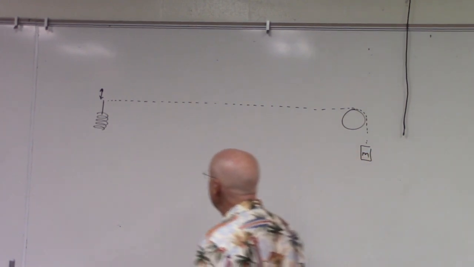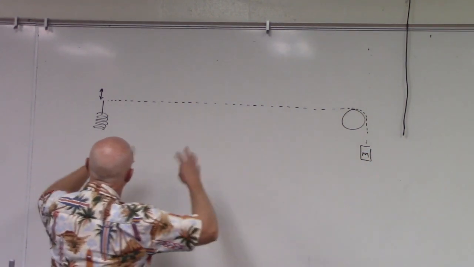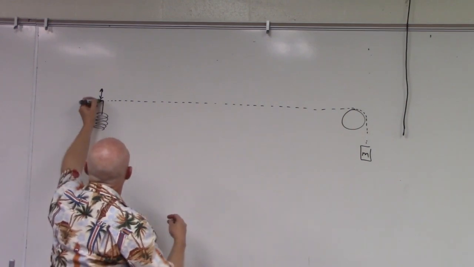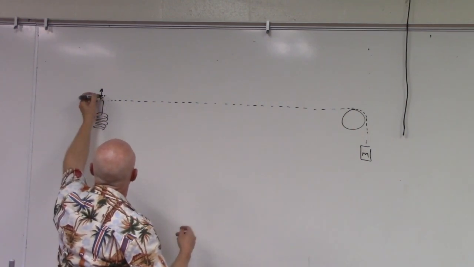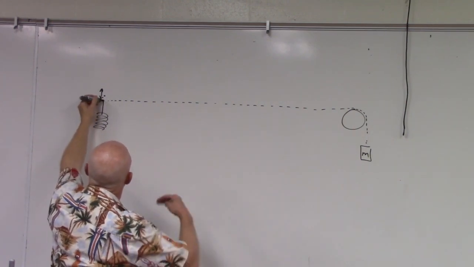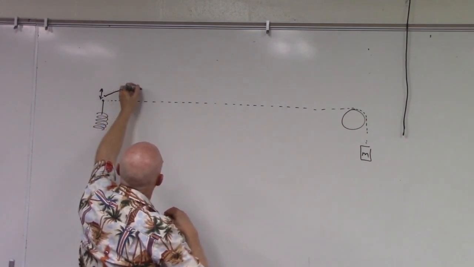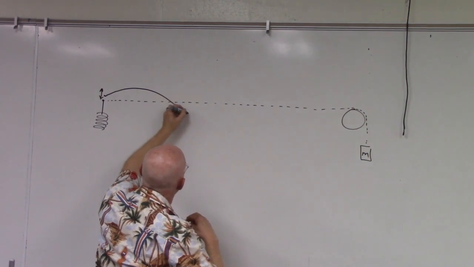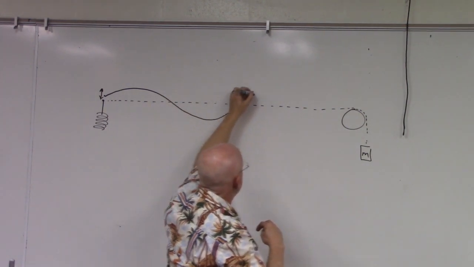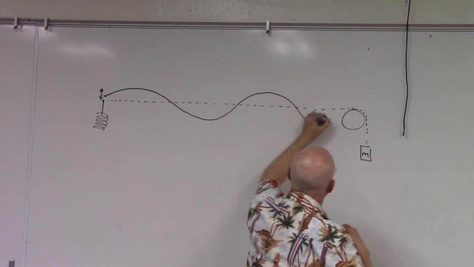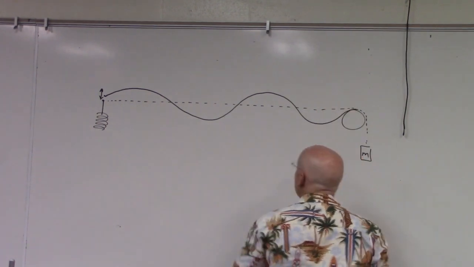And so what's going to happen is we're going to get some waves here. Let me just draw a picture of what it might look like at some moment in time. Maybe the oscillator will be up about halfway. Maybe the wave will go up and it'll come back down and go up and come back down, and something maybe like that.